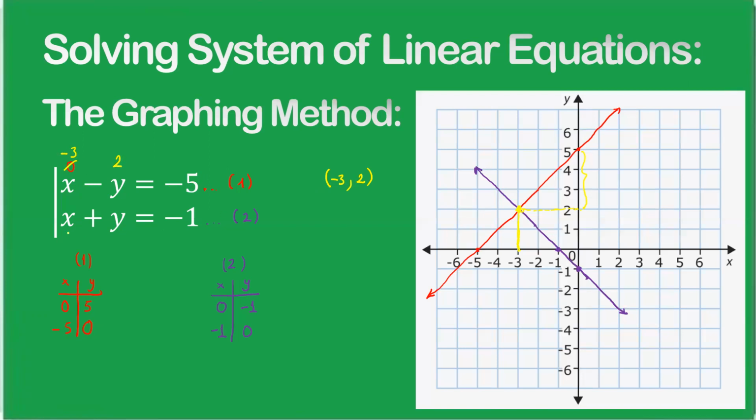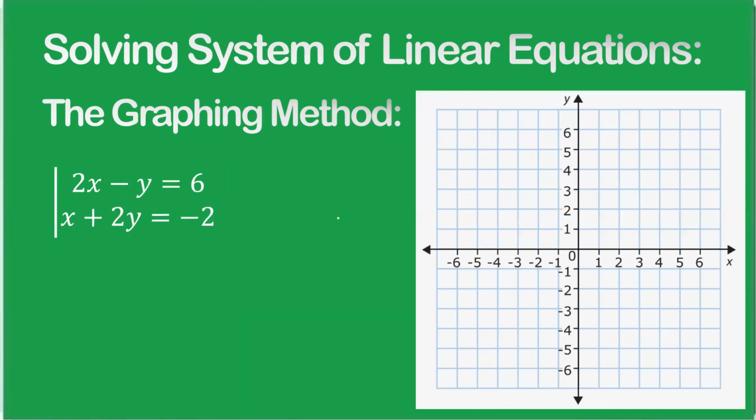And if I write minus 3 instead of x in the second one and 2 instead of y, it must be minus 1. Minus 3 plus 2 is minus 1. So it satisfies both equations, then it is the solution of the system. Now let's solve the second equation system.